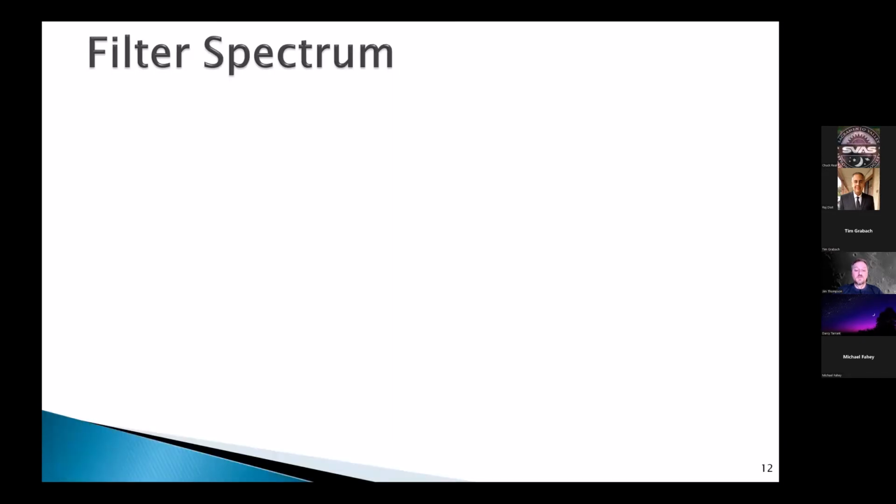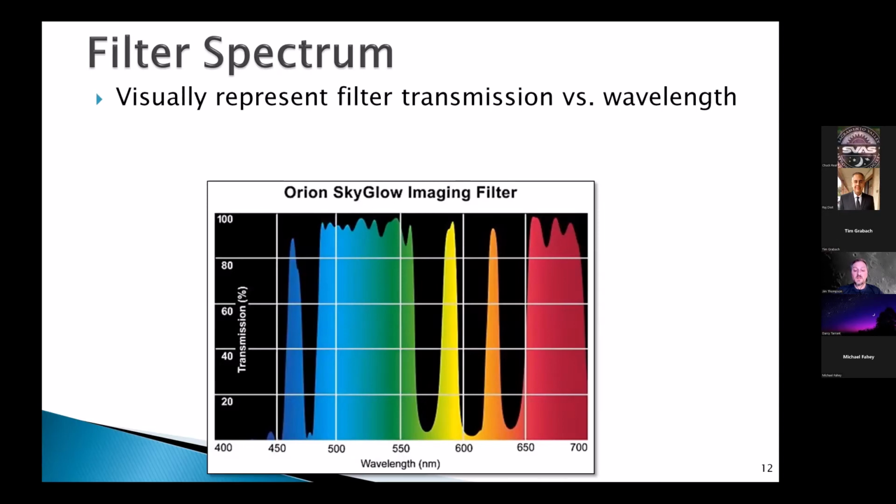For the next couple of slides, I will describe some commonly used terminology. The first being the idea of a spectrum. A spectrum is a quantitative visual way of presenting how well a filter transmits light at different wavelengths.